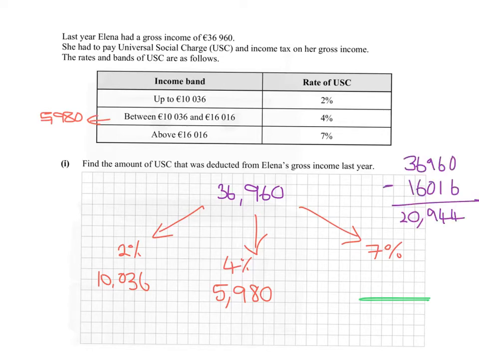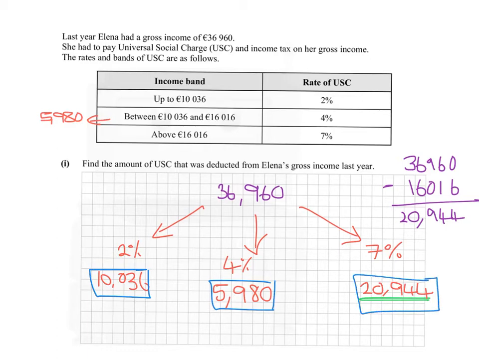And we end up getting 20,944. If we double checked and added this number and this number together, you will find that it will equal the gross income, and that is what's supposed to happen.